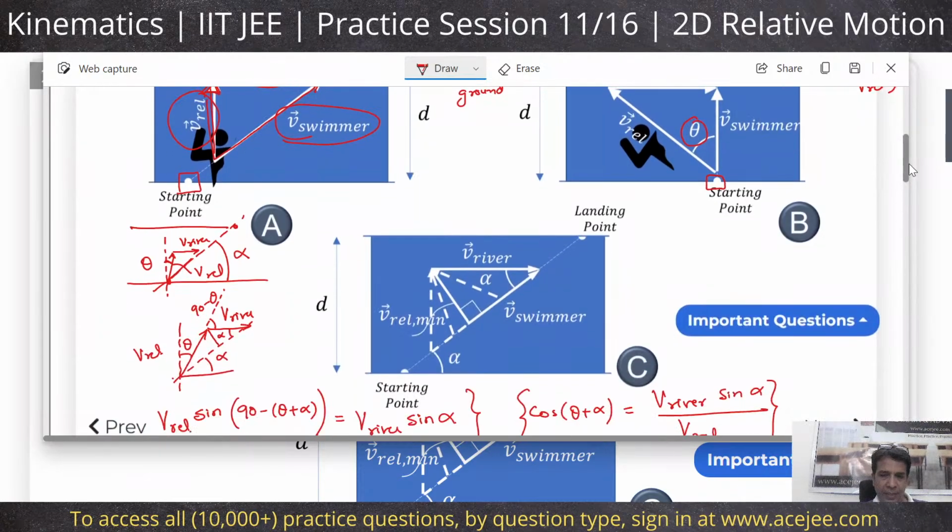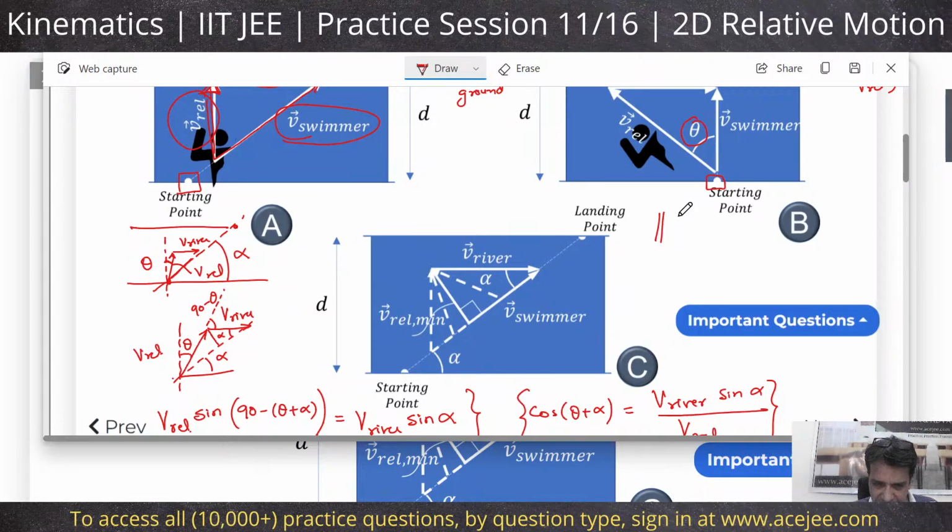Yes, sir. In the next one, this is an interesting scenario. Here you would be given the landing point, and the swimmer wants to land there, and the question is, what is the smallest V relative with which the swimmer should swim so as to get to that landing point?